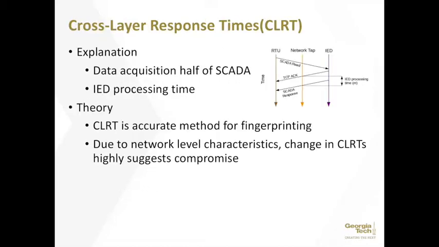Which now brings us to the point of this paper, which is developing two different fingerprinting mechanisms. The first is cross-layer response times. I'll get into that in a second, but it focuses on the data acquisition half of SCADA systems.